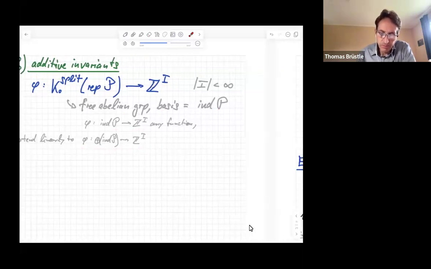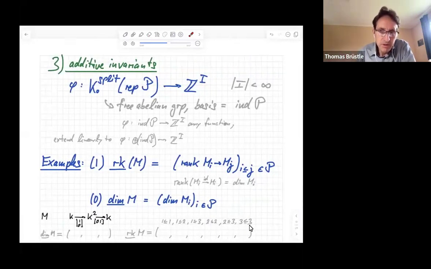And examples of that are, for instance, the rank invariant. This is something that has been studied a lot in persistence theory. So the rank invariant, given any module M, would associate to this the collection of ranks of all the linear maps between every comparable pair of indices.